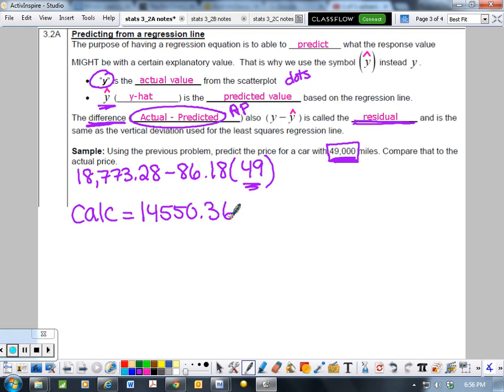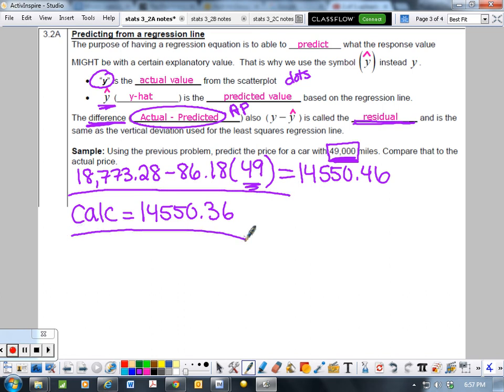And if I do negative 86.18 times 49, and then I add the 18,773.28, when I calculate it this way, I get 14,550.46, off by like 10 cents. And why is that? Because this used a rounded value, the calculator used the full decimal. And so it gave you a more accurate answer. So if you had a choice, this would be the answer that you would go with.